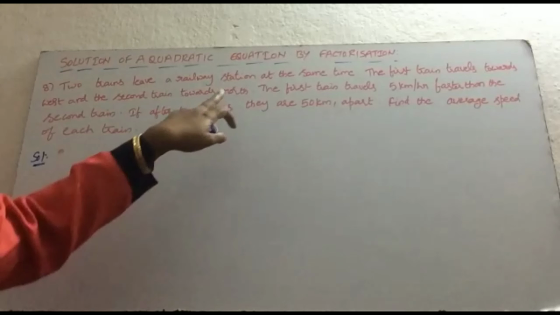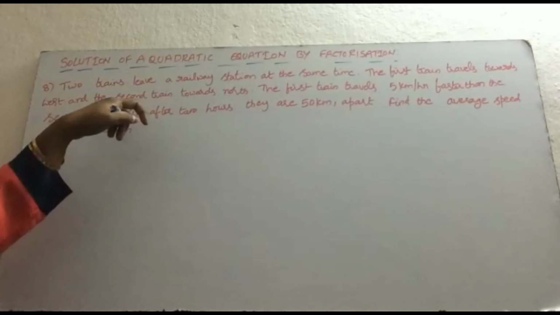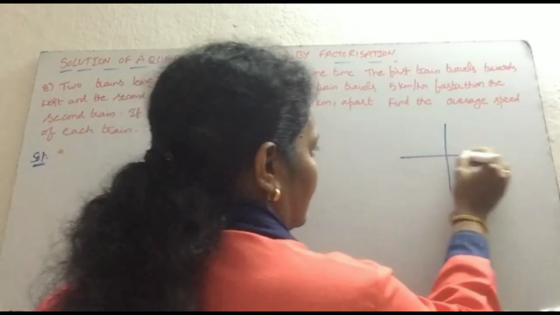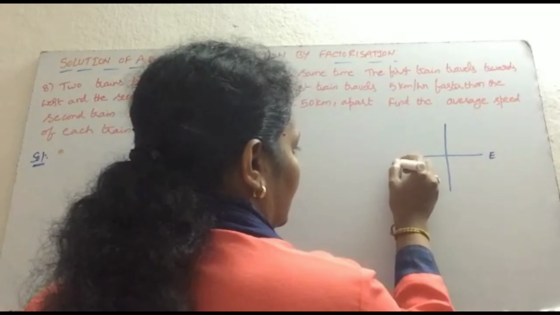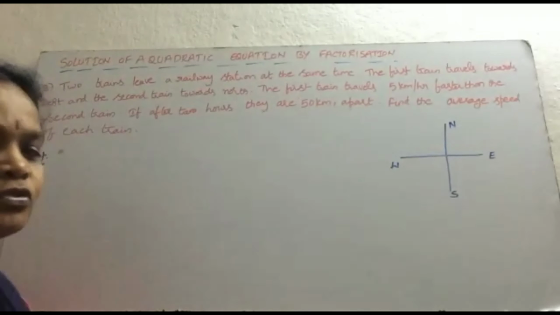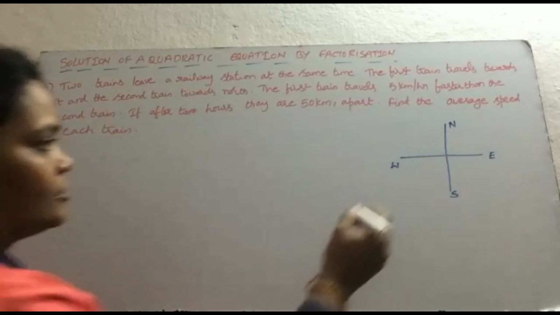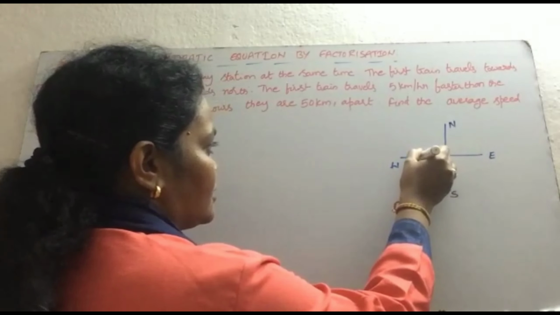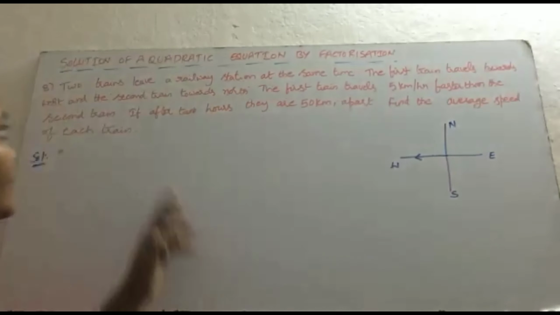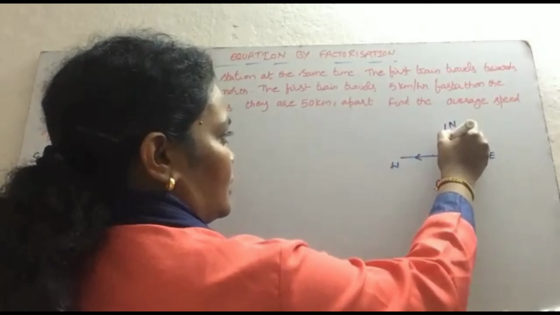In the question, they gave the first train travels towards west. East, west, north, south. So the first train travels towards this side, and the second train towards north side, so that side.